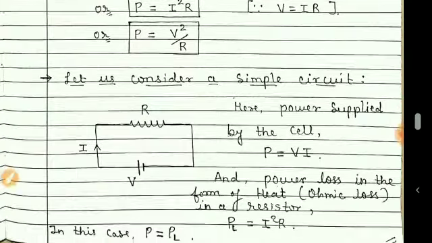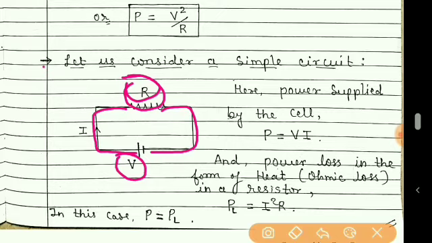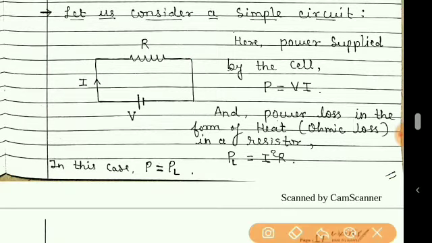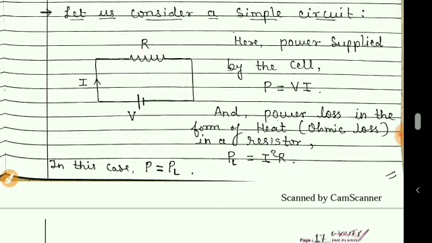Now let us consider a simple circuit. There is a resistor, and a battery of voltage V or potential difference V is connected to the resistor, and if the switch is turned on, the current will flow through this resistor, and so the power dissipated in the resistor is given by PL is equal to I square R. When the current flows through the resistor, the power loss or the power dissipation in the form of heat from the resistor is given by I square R. You can see this equation of power.